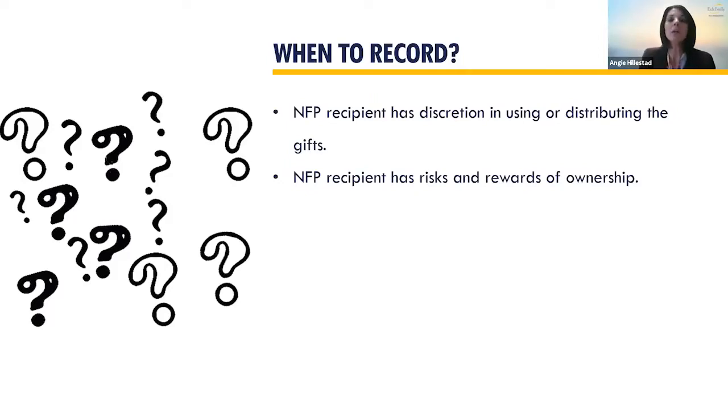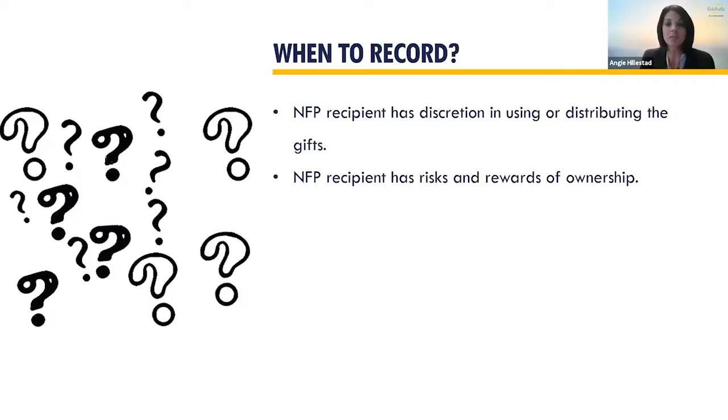So really want to look at what point in time does the not-for-profit control what happens to that asset? When do they have the risks and rewards of ownership over the gift in kind? This might be things such as a risk of loss if the good is damaged, if the good is lost, or if it's destroyed. When do they have the ability to obtain the benefits of that good or control others' access to those gifts?